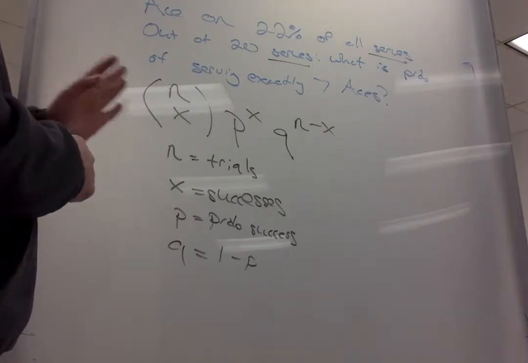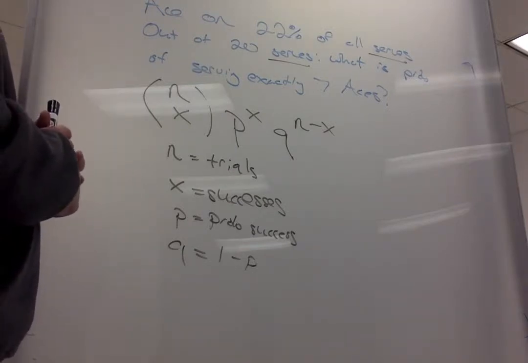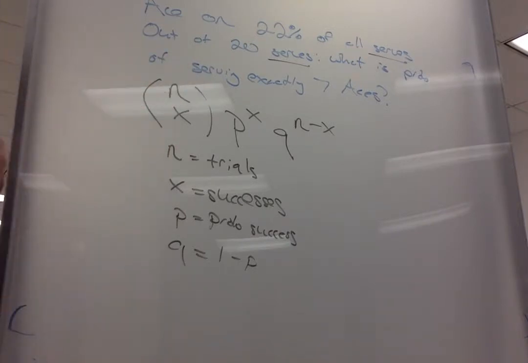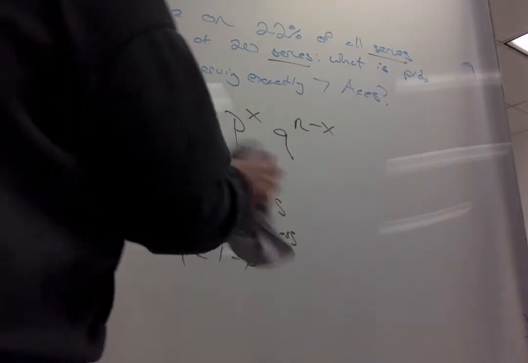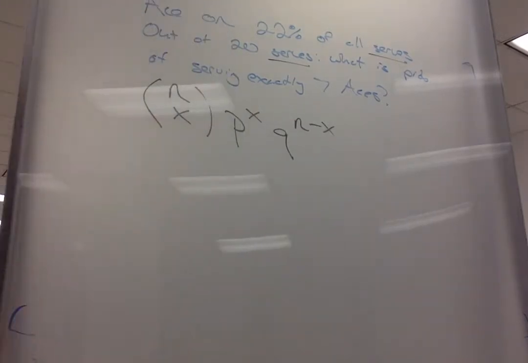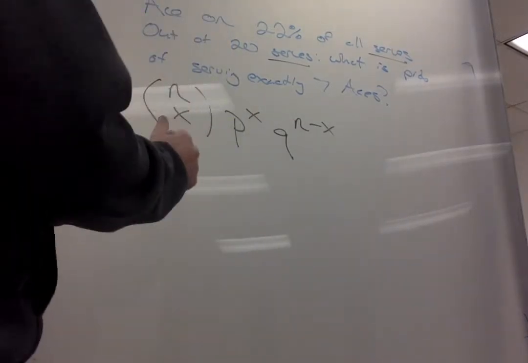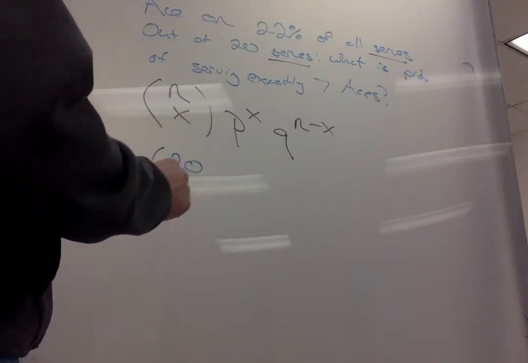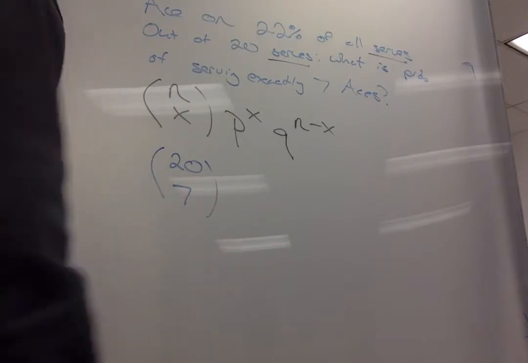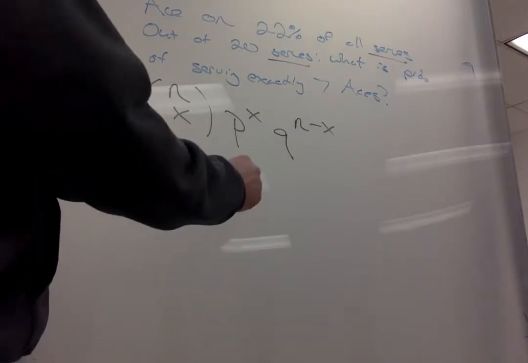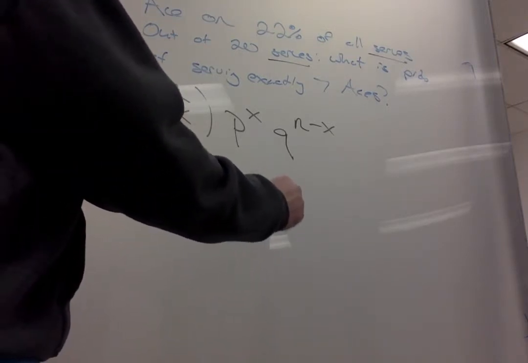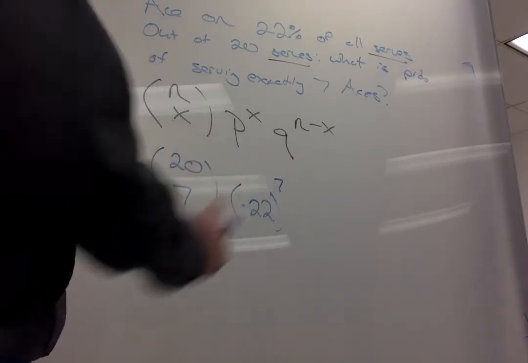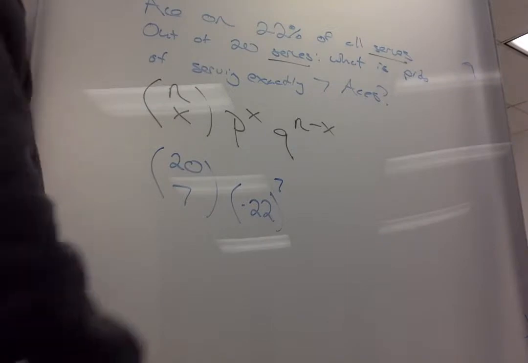So what this is saying is that to solve this function, once we know that we are using the binomial distribution, we can quickly solve by plugging in our numbers. 20 trials, we are looking for 7 successful serves. 22% is the probability of success, and that needs to occur 7 times.